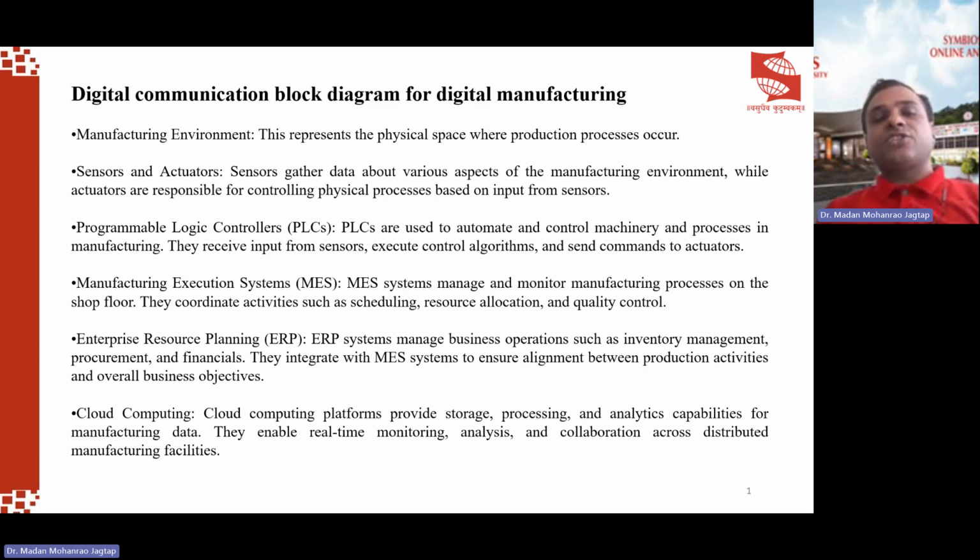Then sensors and actuators. Sensors gather data about various aspects of the manufacturing environment, while actuators are responsible for controlling physical processes based on input from the sensor. Sensors are mounted on the machines and on various systems.